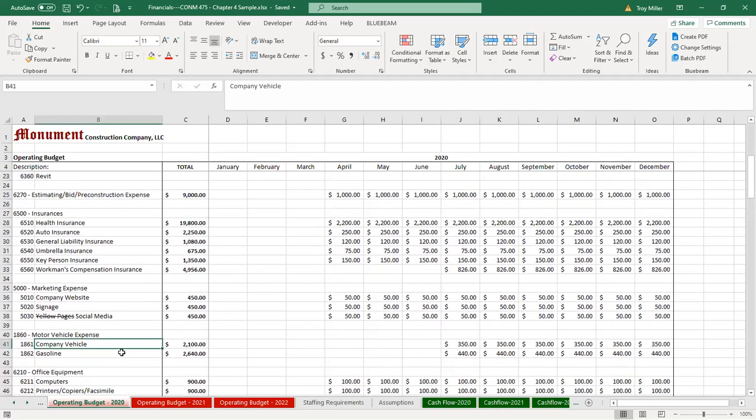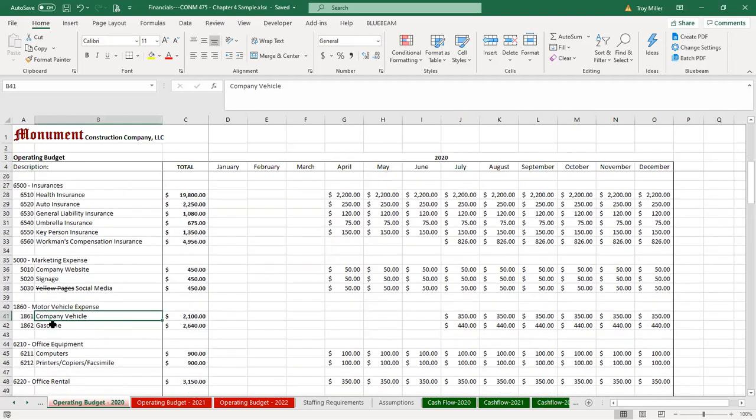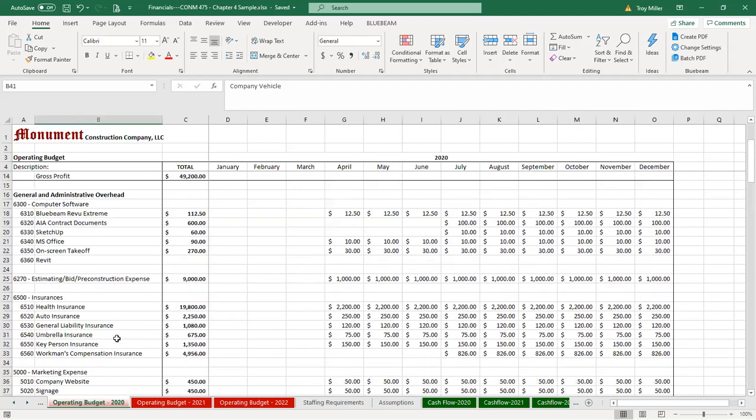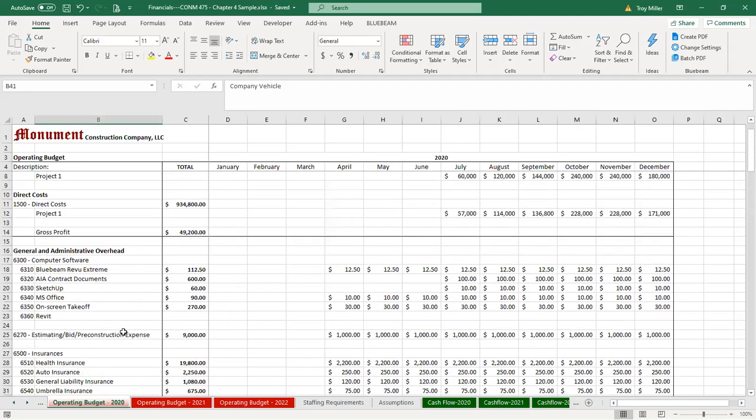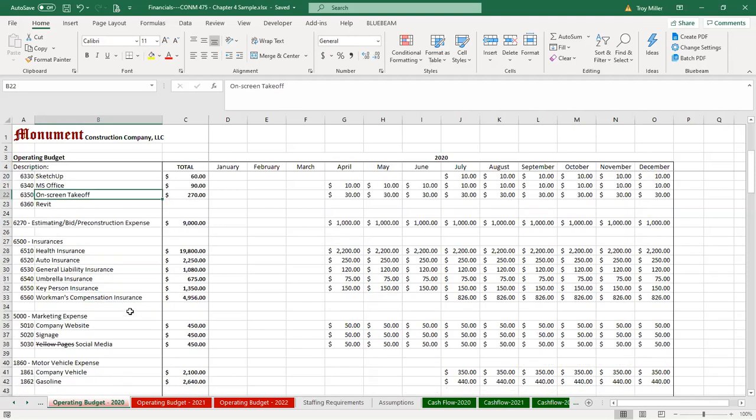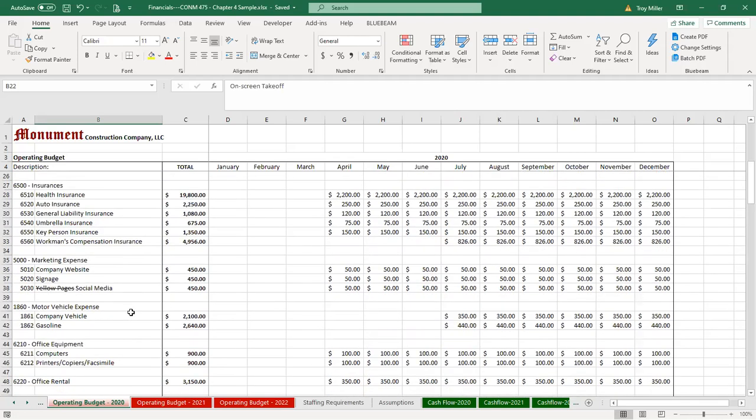Does it not have to be under the 6,000 to be in the general and administrative expense? Because on the PDF you sent, 6,000 has all the things that you have, but then 1,800 is different. Does it not matter where it's located on the sheet? I see what you're saying.